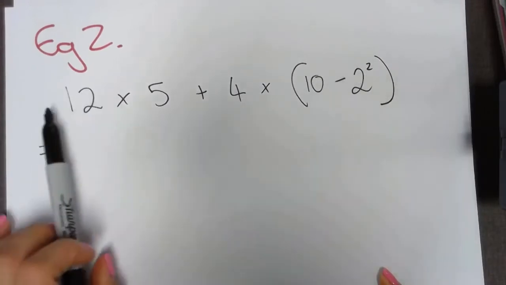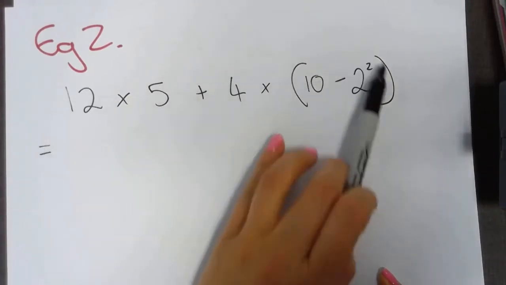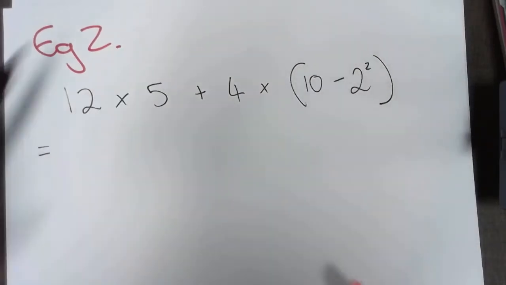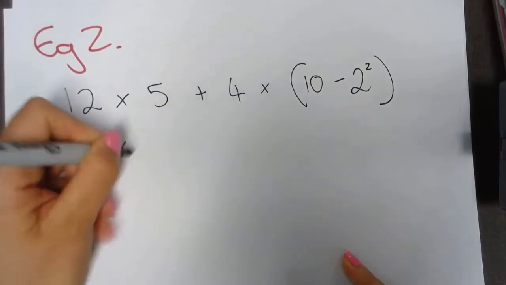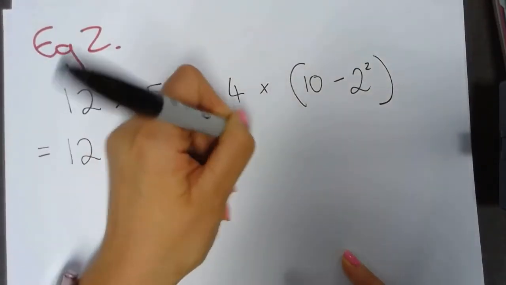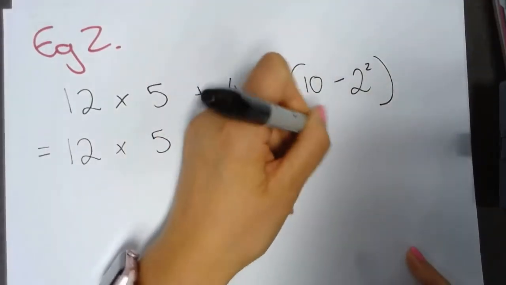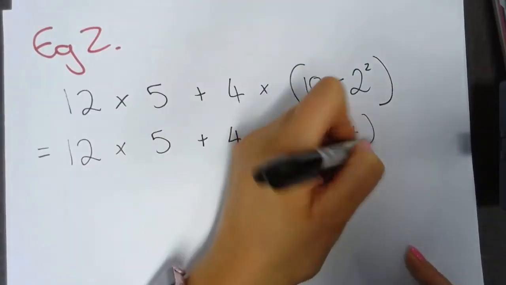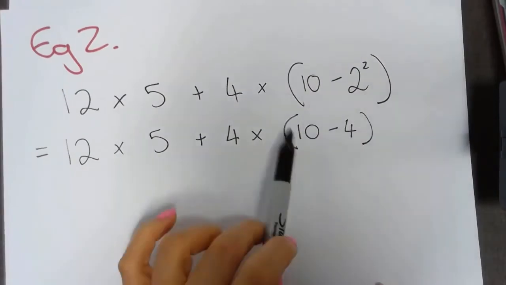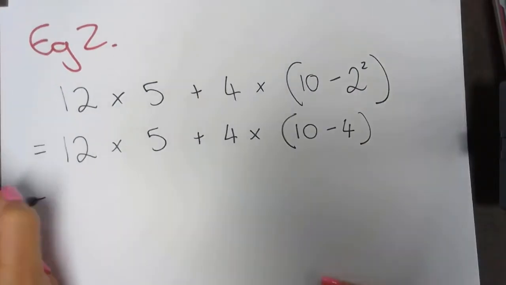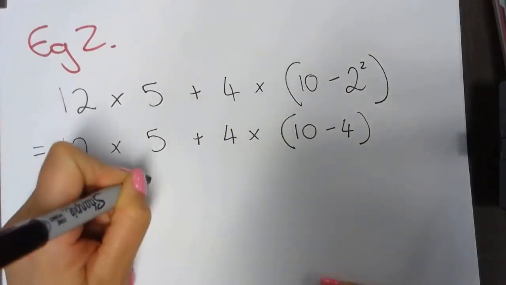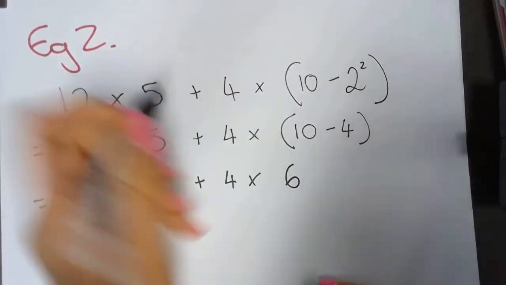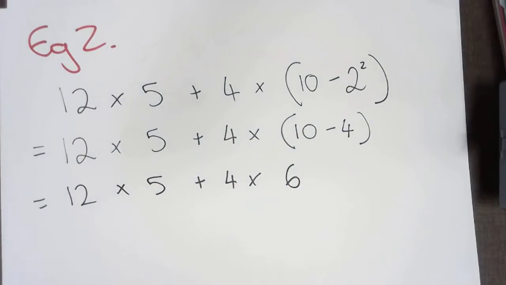So we have to keep everything the same and just deal with the indice, then we can deal with the subtraction. Okay, so we go 12 times 5 plus 4 times. We have to keep this, and 2 to the power of 2, or 2 times 2 is 4. Now we can deal with the rest of the bracket, so we keep everything the same. This is the level of communication that we expect, and 10 take 4 is 6.